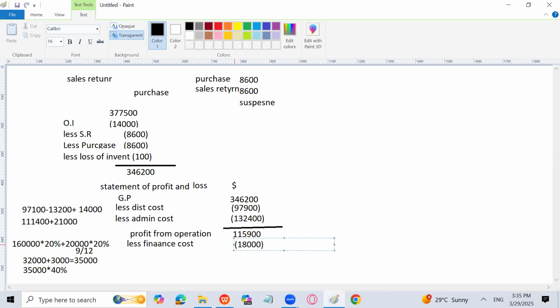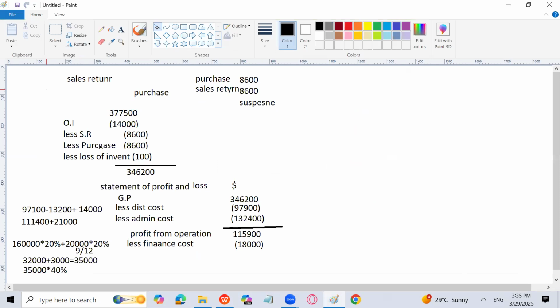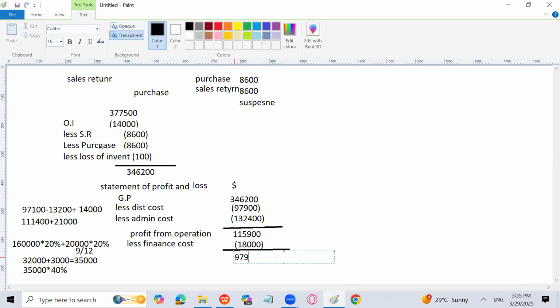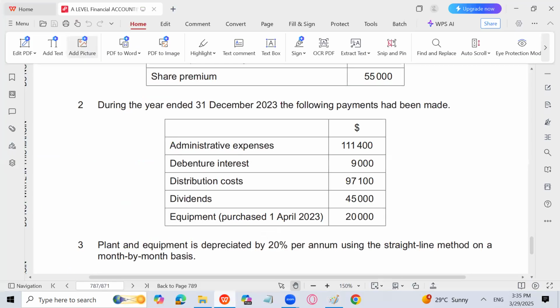So you will subtract 18,000 for the debenture from the profit from operation to find the profit before tax. That is going to be 97,900. That is profit before tax. I will write here. Then I will subtract the taxation because it is given in the question. Normally, we don't have taxation in the questions coming in our exams, but here it has come.